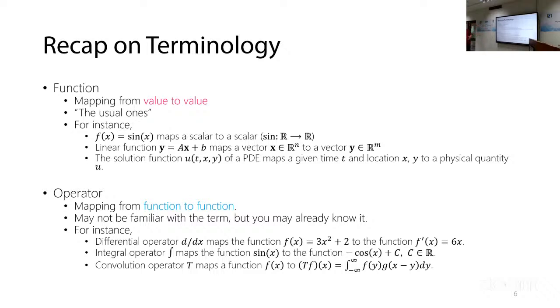The integral operator is another operator. The integral operator, for example, swallows a function, let's say sine x, and spits out negative cosine x plus a constant as an output, which is another function. It's just that you never called it an integral operator or a differential operator.